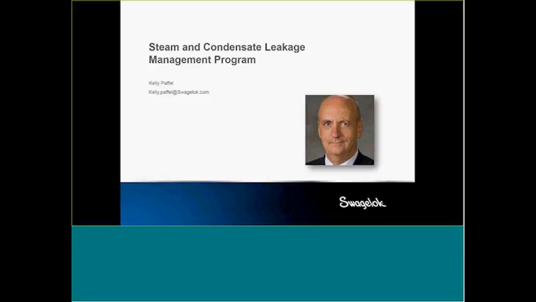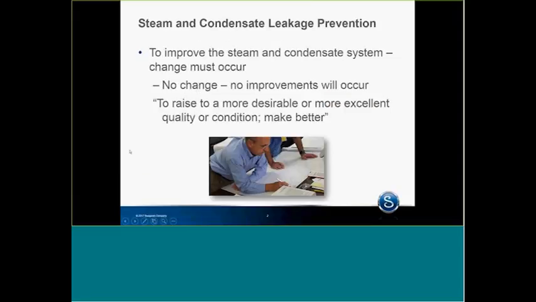So to improve the steam condensate system, change must occur. No change, no improvements will occur. Basically, if you look at change, it means to raise to a more desirable or more excellent quality or condition, to make better.